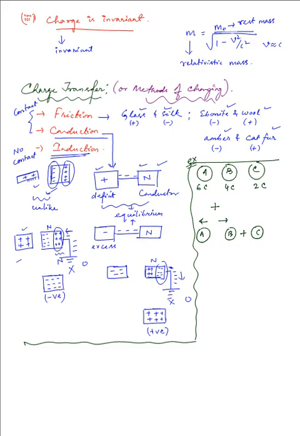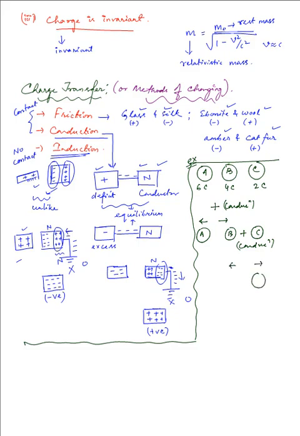So here was the conduction between A and B, and here there is the process of conduction between B and C, and that's for a small interval of time, and then they are separated as well.